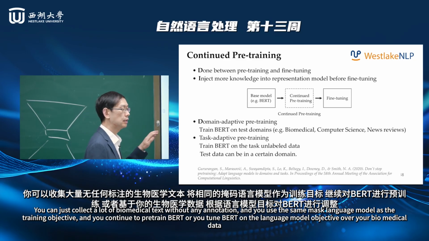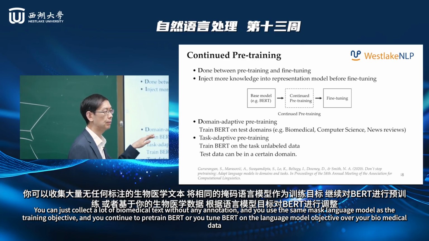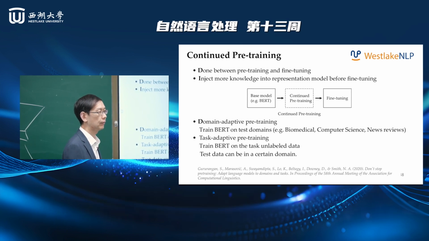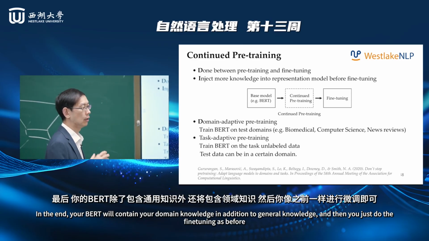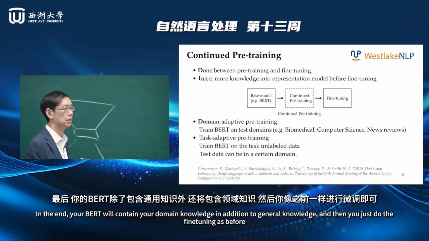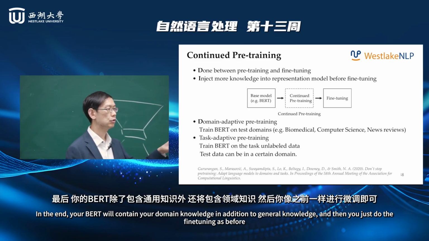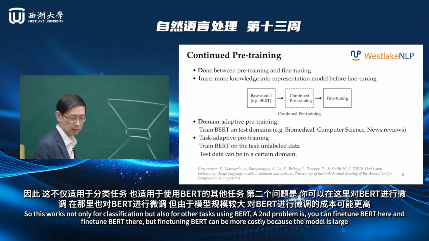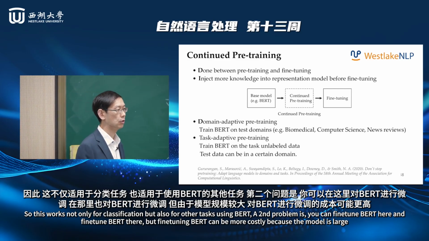And you continue to pre-train BERT, or you tune BERT on the language model objective over your biomedical data. In the end, your BERT will contain your domain knowledge in addition to general knowledge. And then you just do the fine-tuning as before. So this works not only for classification, but also for other tasks using BERT.